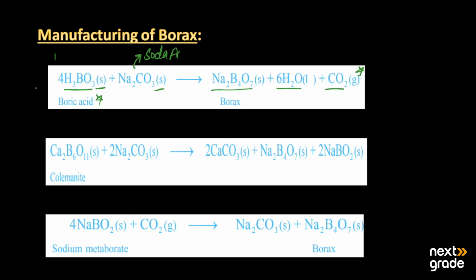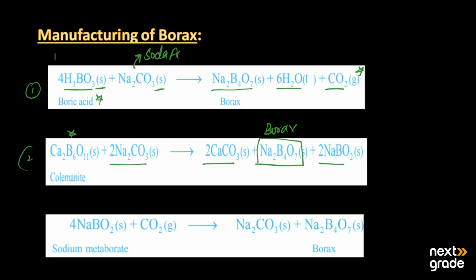The second method for its preparation uses colemanite. This is also a calcium salt of boron, and it combines with soda ash, sodium carbonate. We gain the main product, borax, along with calcium carbonate and sodium borate.